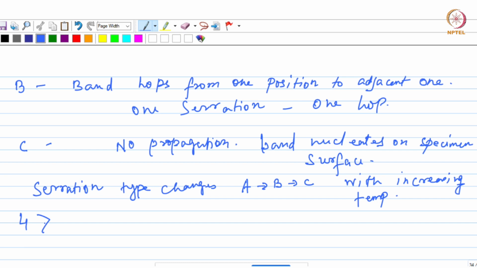And number 4, we can say that this changes from A to B to C with decrease in strain rate.